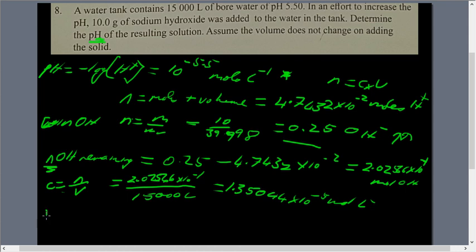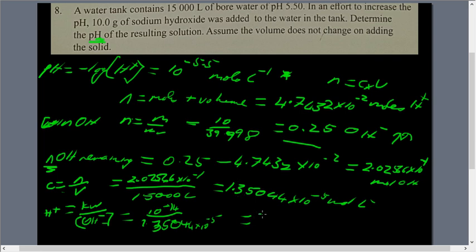Okay, hydrogen ion concentration, which we need to calculate our pH, equals our Kw divided by our hydroxide ion concentration, which, if you put 10 to the minus 14 over 1.35044 times 10 to the minus 5, you'll get a value of, oh dear, what was it?